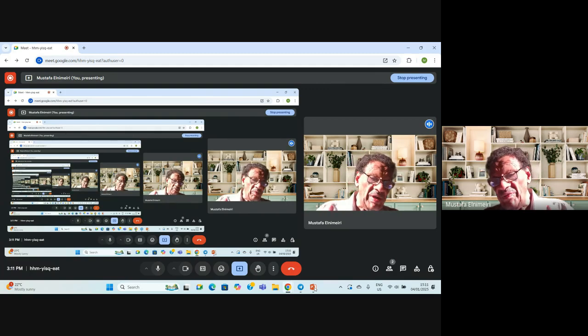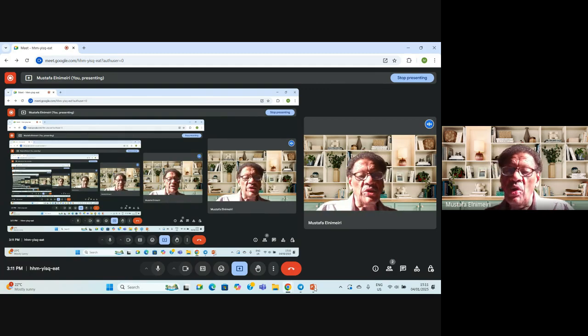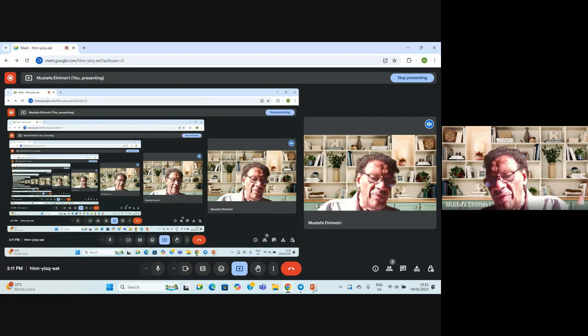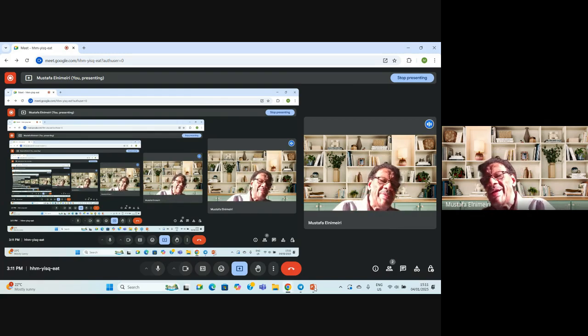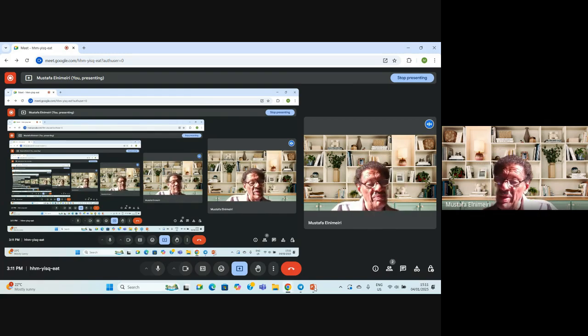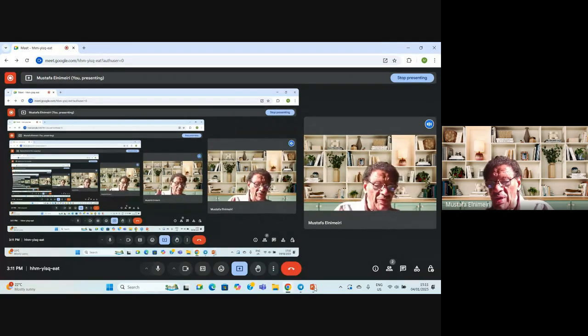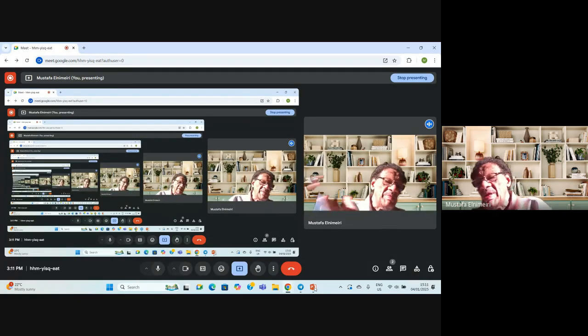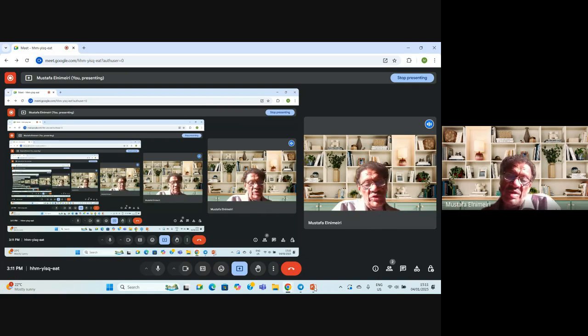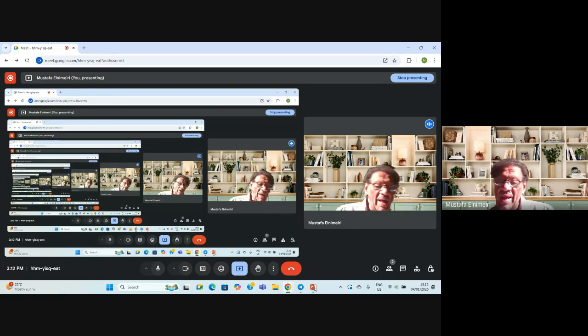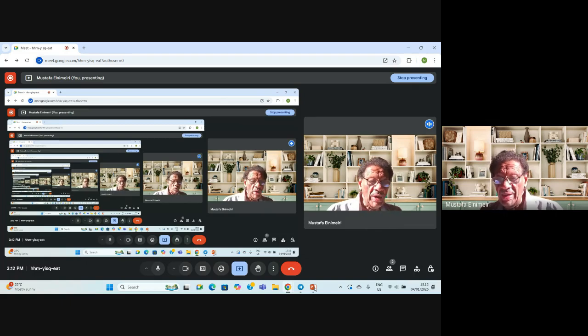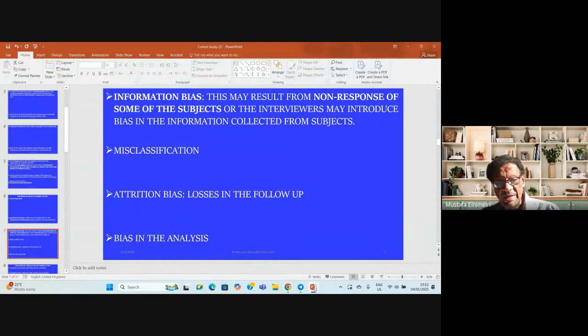For example, if an individual who has been a smoker for 30 years becomes a non-smoker for the last 6 months, then he will be classified as a non-smoker. And this is misclassification. Also, if an individual is a non-smoker for a long period and then becomes a smoker for, for example, the last 3 months, then we are going to consider him or her as a smoker. And this is an example of misclassification.